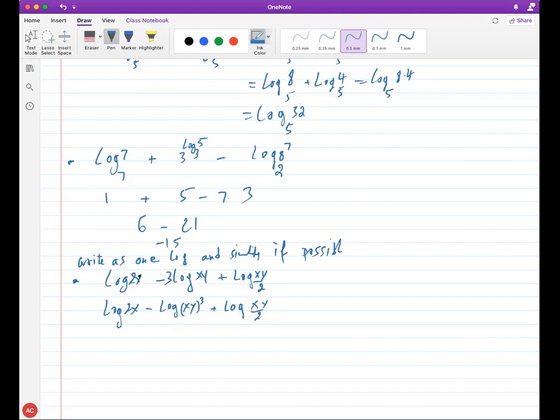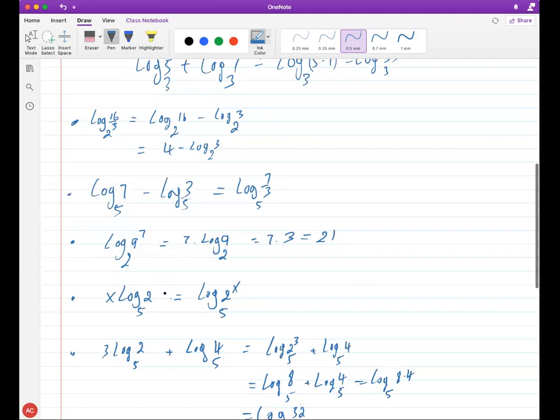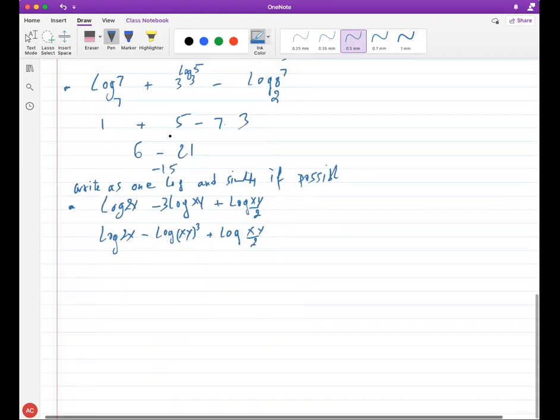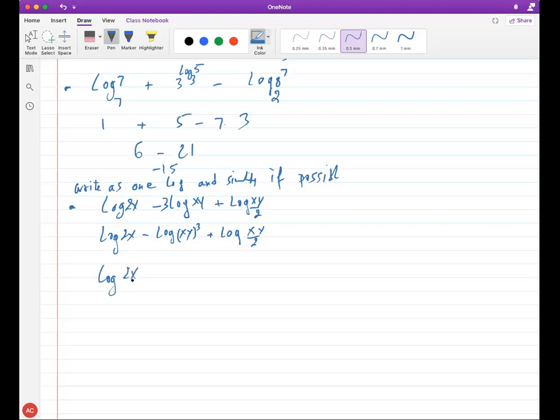Okay, so again, rule number two actually: if you have a minus, you can put the logs together by dividing the number inside the log. That would be 2x over x plus xy. And we bring this log down.